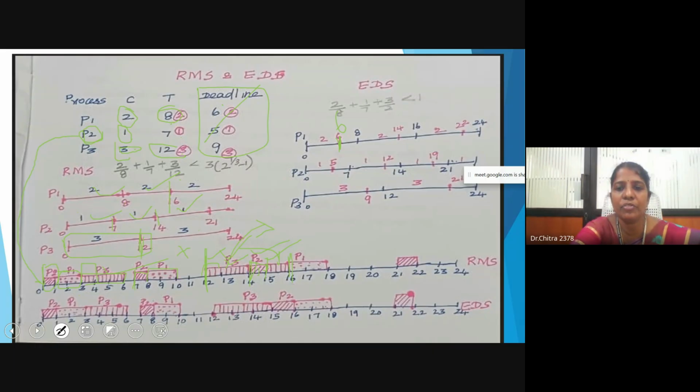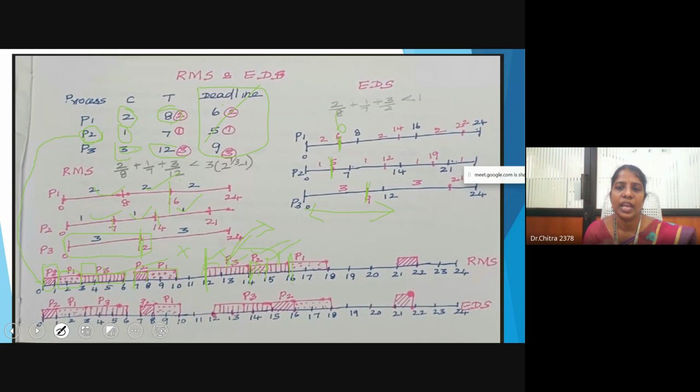Similarly, P2 requires only one CPU burst time and its period is 7, but before the 5th clock cycle, P2 should be completed. In the same manner, P3 should be completed before the 9th clock cycle, even though its period is 12. Each and every time you should check whether it has completed the job before 5th, before 6th, before 9th.